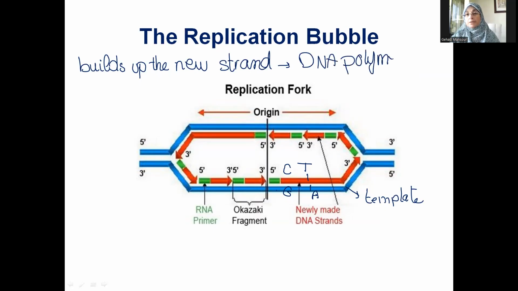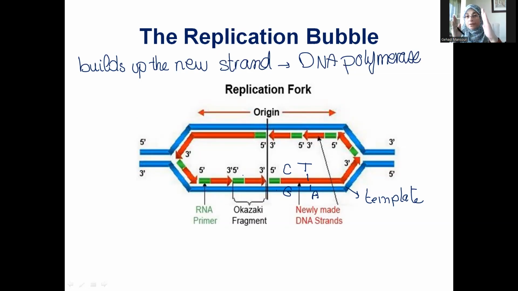Of course, it's an extremely important enzyme in the nucleus, and DNA polymerase, being that important, will have very strict rules. But before mentioning the very strict conditions of DNA polymerase, we should say that we will have this brownish new strand that is built on each template strand.